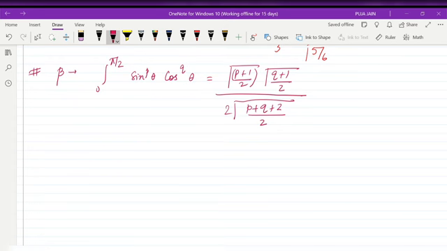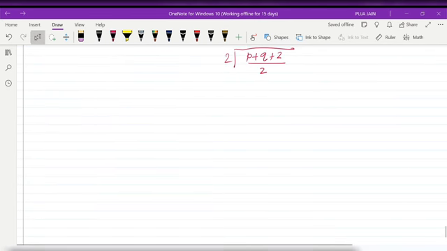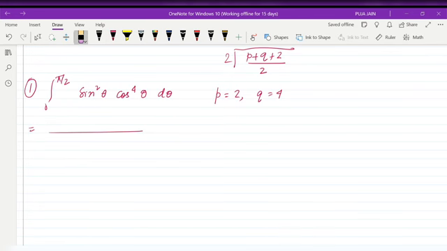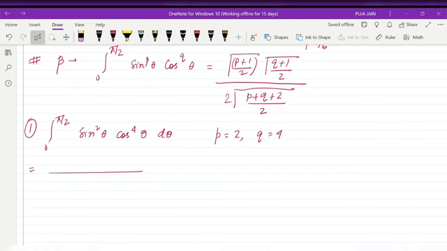Okay, so we will do one sum, that is, an integration only. Suppose it is the integral from 0 to pi by 2 of sine square theta cos to the power 4 theta d theta. So how to use it? Here we get p equals 2, q equals 4. So we know our result was gamma of (p plus 1) by 2.